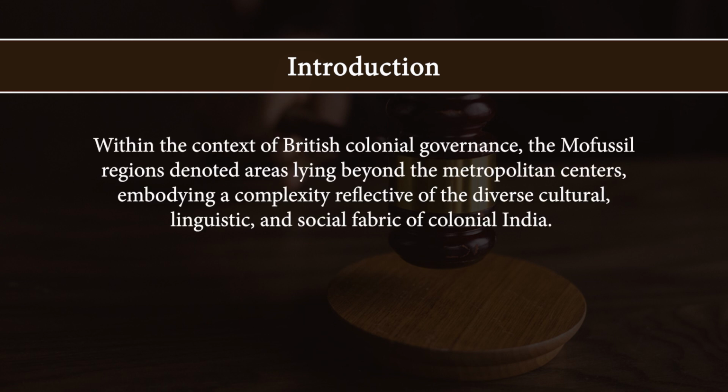Within the context of British colonial governance, the Mofussil regions denoted areas lying beyond the metropolitan centres, embodying a complexity reflective of the diverse cultural, linguistic and social fabric of colonial India.